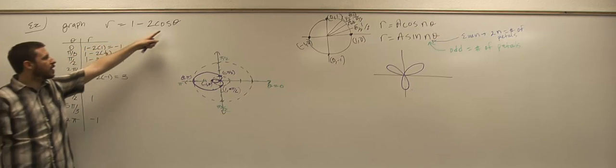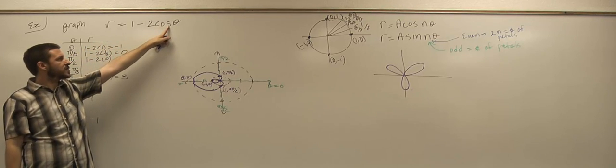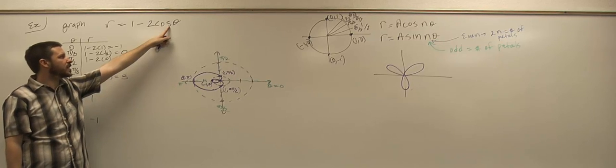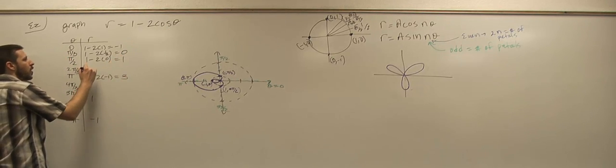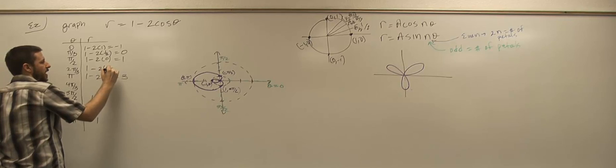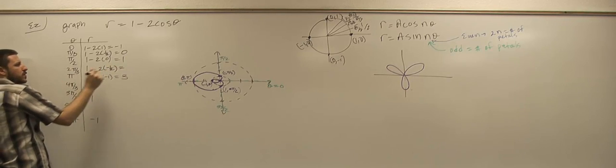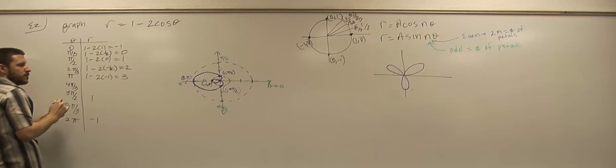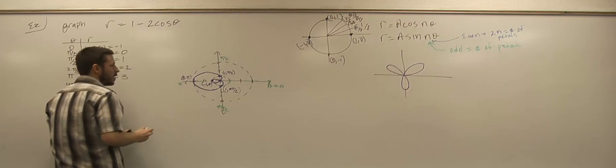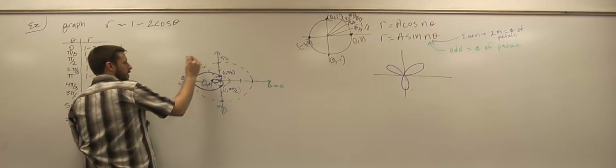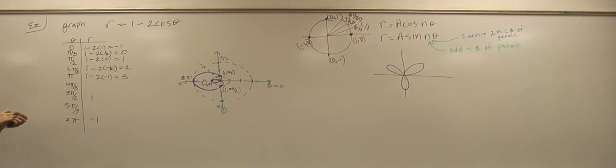If you plug in 2 pi over 3, is cosine positive or negative? Negative, because you're in the second quadrant. So you'll do 1 minus 2 times negative 1/2, which is equal to 2. So at 2 pi over 3, you should be out at a radius of 2.